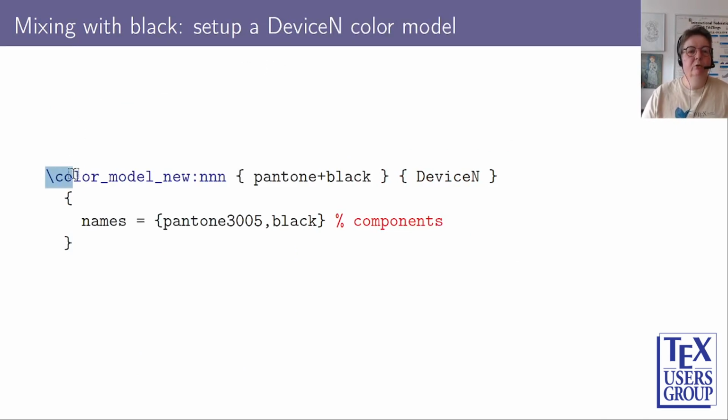We can simply use the color model new command. We choose some arbitrary name, and then this time we use as type DeviceN, and the third argument simply takes the names of the two components. We refer here to our previously defined separation color model and to black.